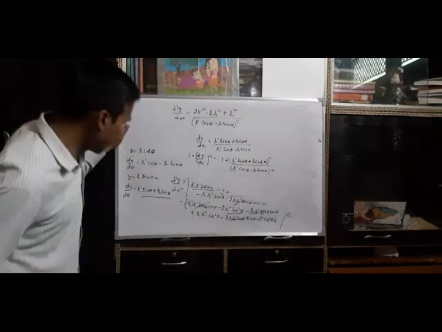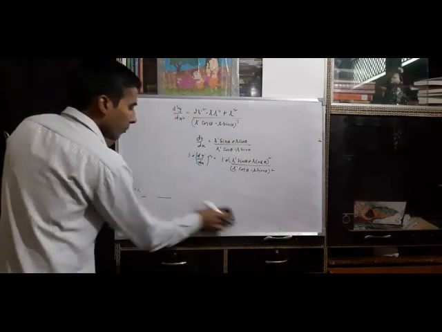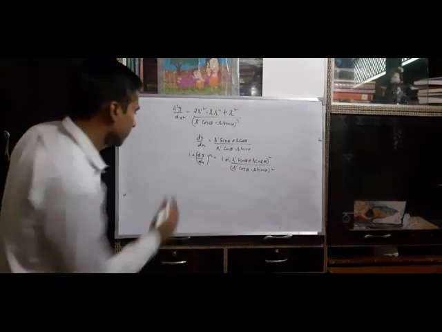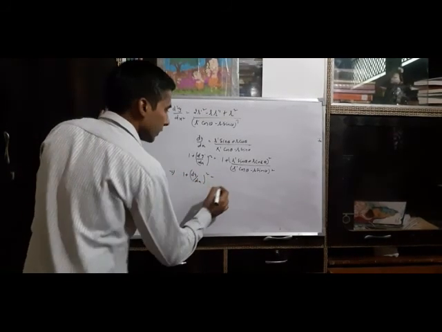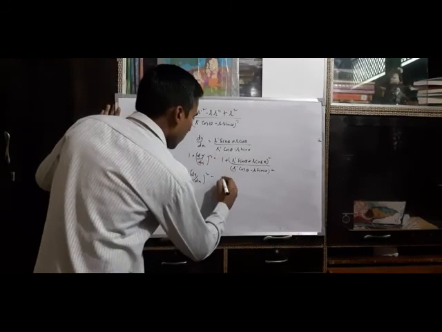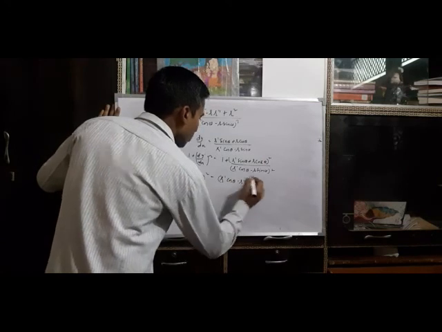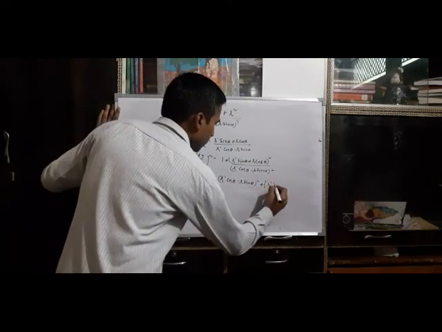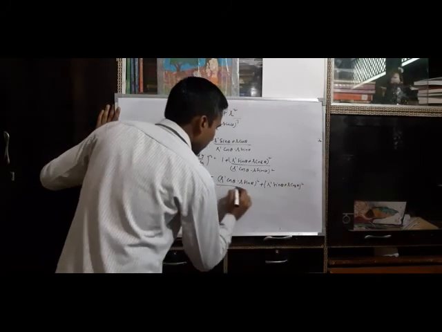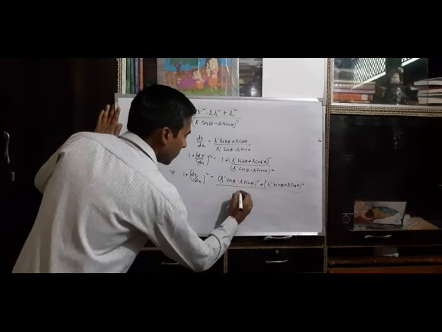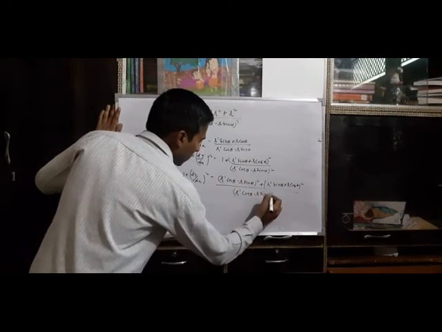And when we simplify this, the value of 1 plus (dy by dx) whole square is (r prime cos theta minus r sin theta) whole square plus (r prime sin theta plus r cos theta) whole square in the numerator, and in the denominator we get (r prime cos theta minus r sin theta) whole square.